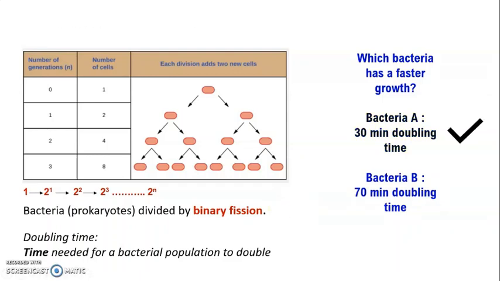If you think it's bacteria A, you're right, because the quicker it needs to double the population, the faster the bacteria grow. If the bacteria only double the population after 70 minutes, it just means that bacteria has a slower growth.